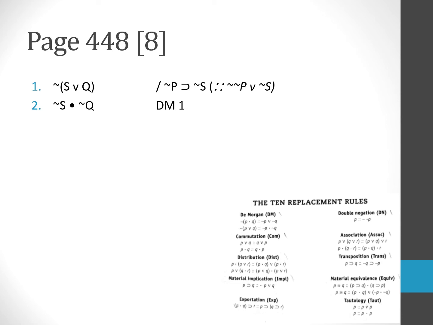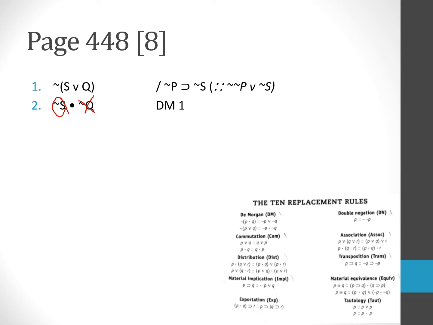But first, this is an important moment to introduce a new technique. I see right here that I'm not going to need this not Q for anything because it doesn't appear in my conclusion. I only have one premise, so I know that I'm not going to need that. I know that this not S is going to be important because it appears in my conclusion.